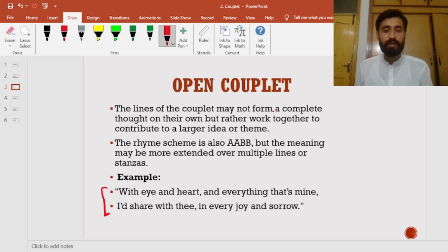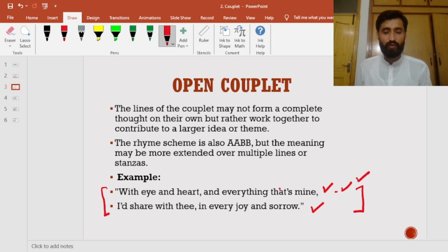So if both these lines are read and studied on their own, one by one, they don't make sense, but rather work together to contribute to a larger idea. When both are studied and analyzed together, they make a proper larger idea, a theme.